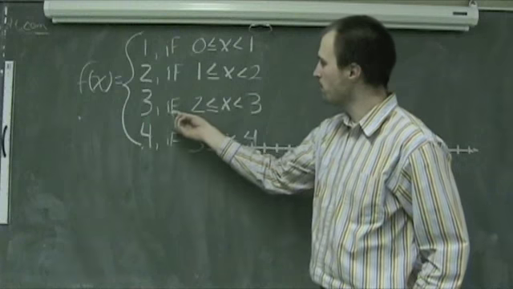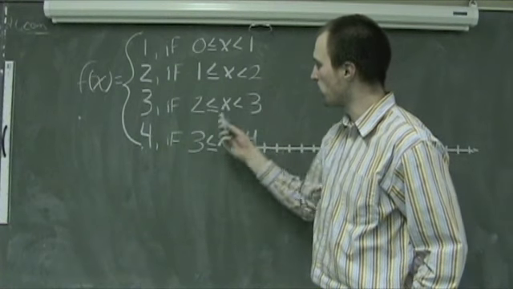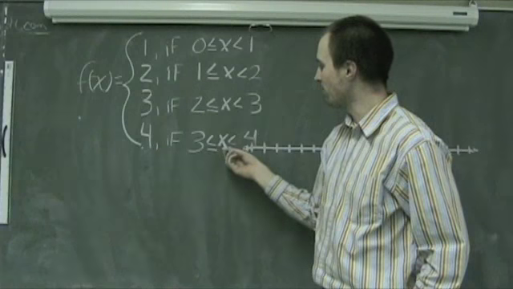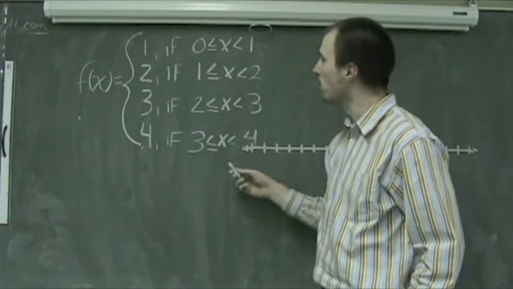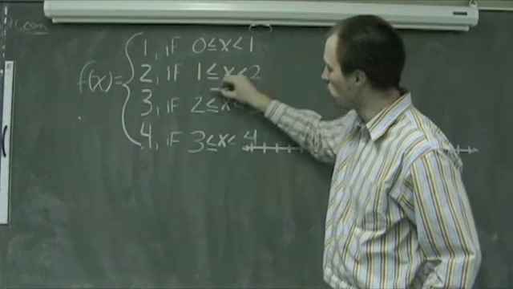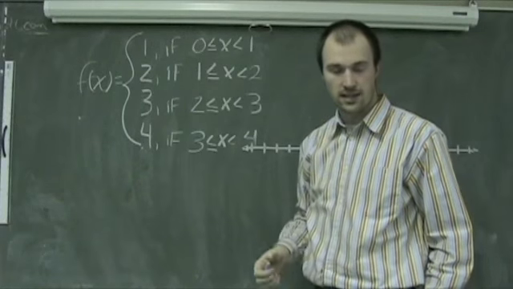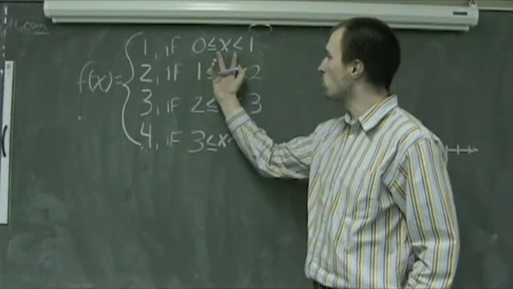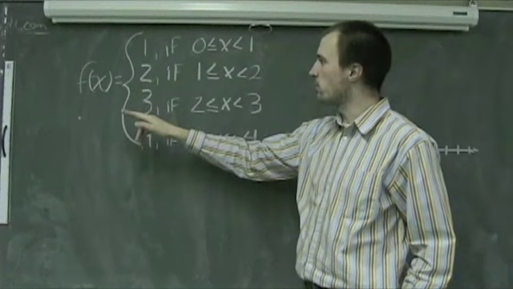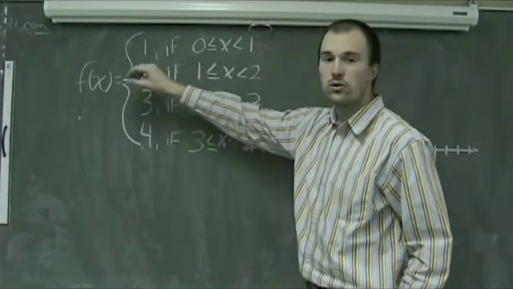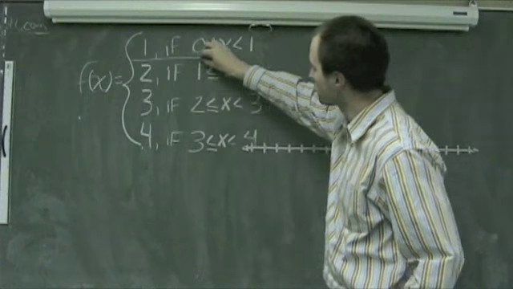It's 3 if x is between 2 and 3, or 4 if x is between 3 and 4. We need to pay attention to both the inequality signs that we have, as well as over what interval we're going to be graphing this. So, we will do this one piece at a time.